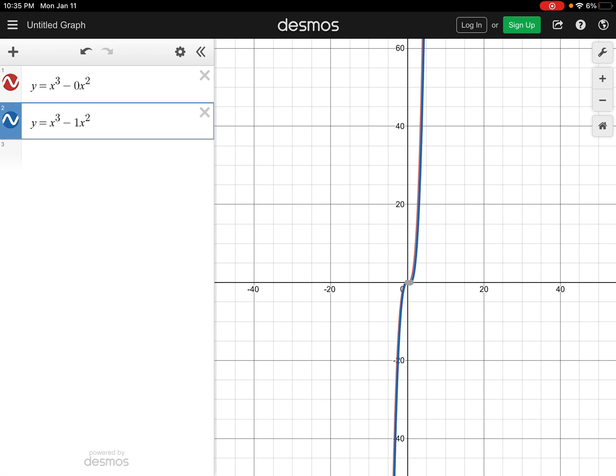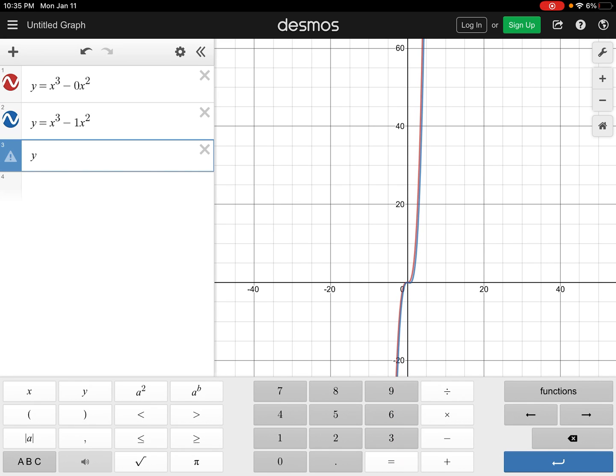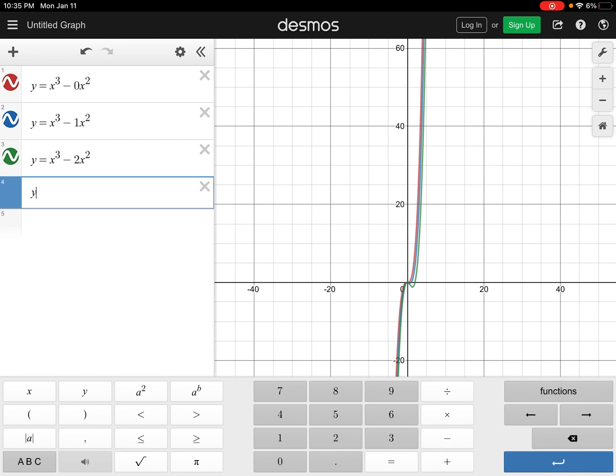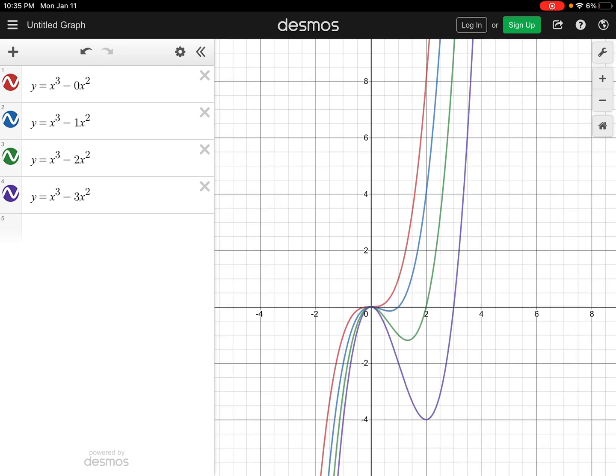We want y equals x to the third minus 2x squared. And then lastly, we want y is equal to x to the third minus 3x squared. What we're going to do is compare what's going on here. So how does changing that c affect the graph?